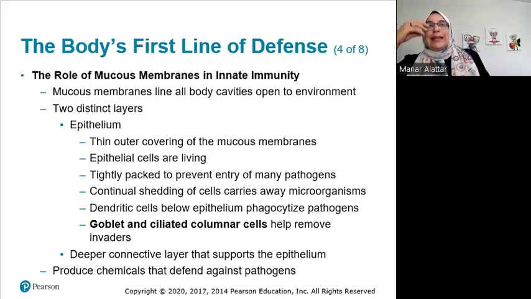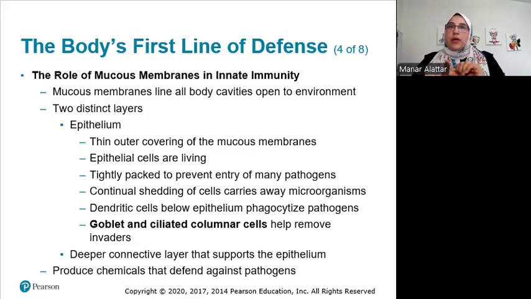But within that mucin water mix, there are a number of other components. You have different chemicals, like antimicrobial peptides. You have cells from your immune system, like white blood cells, and antibodies, which are related to the adaptive immune system but are important here as well.